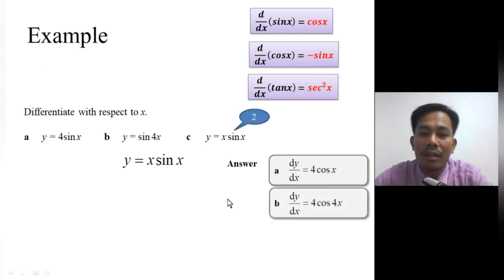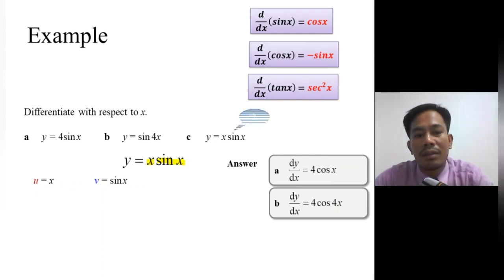Okay, next, how about letter C? For letter C, you will notice that I have two expressions. The first expression is x, and the second expression is sine x. Thus, I'll be doing the product rule. Why product rule? Because I basically multiply x and sine x. So u is equal to x, v is equal to sine x.